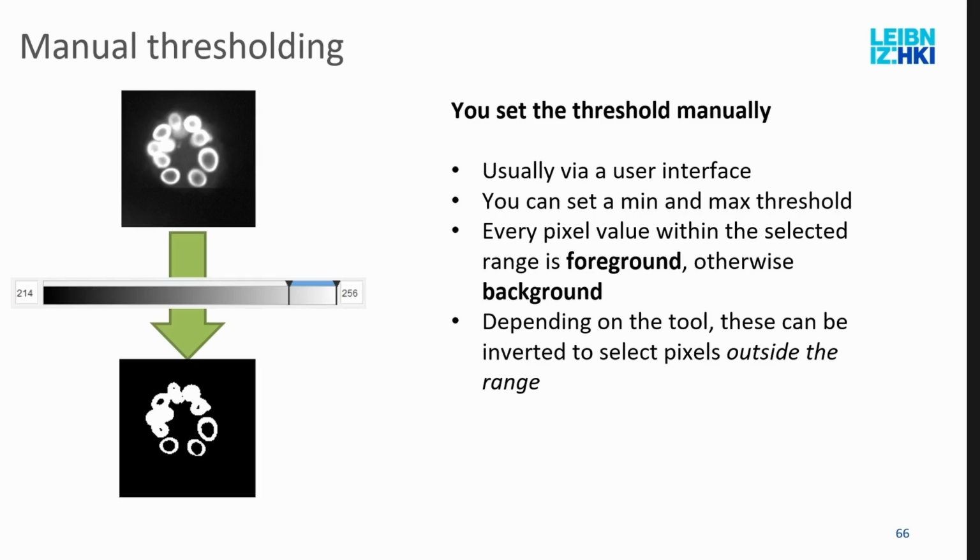Or you can even set an upper limit, so if it's too bright, then it can also be seen as background. There's a bit of flexibility as well. You find this usually in all image analysis tools, even the commercial ones. But this is, of course, going back into working manually, which is what we want to discourage, because then there's a lot of work for you.